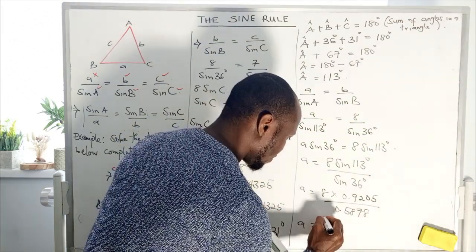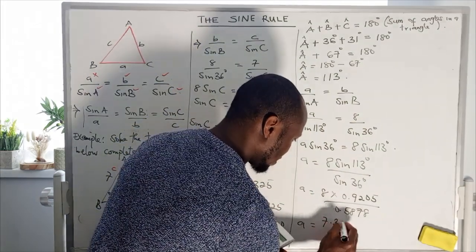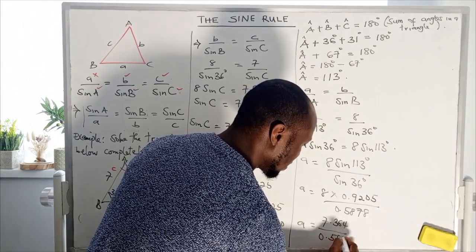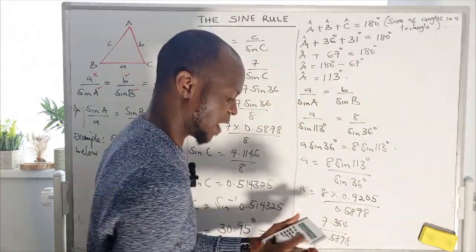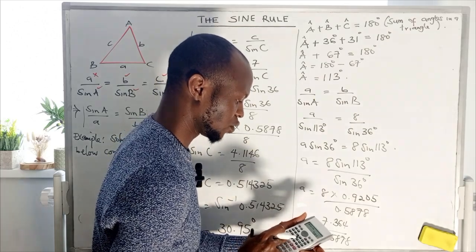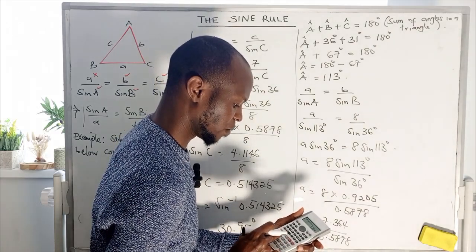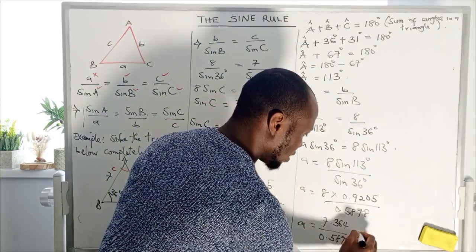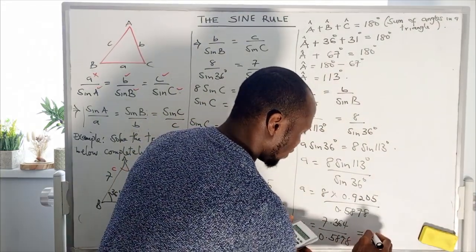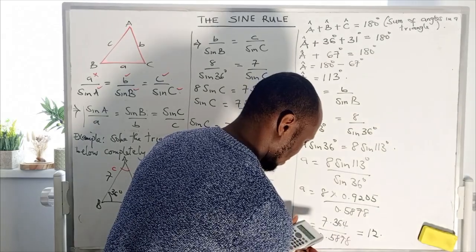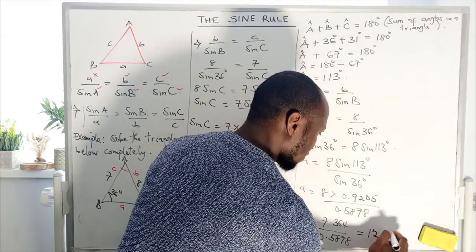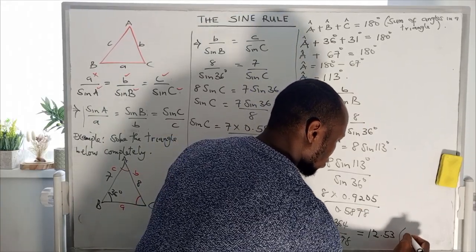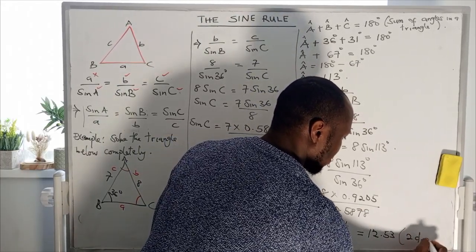And that will be 7.364 divided by 0.5878. If you divide this by 0.5878, your side A will now be equivalent to 12.53, to 2 decimal places.